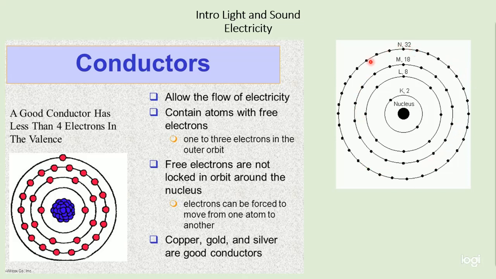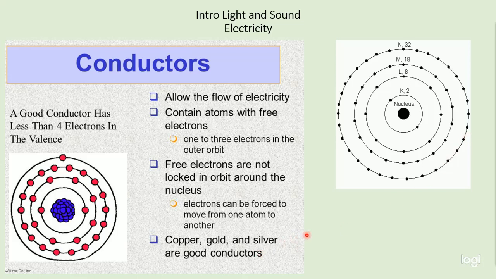So you can see this outer shell. If you imagine that there are only 4 or 3 or 2, those electrons out there are kind of lonely, and they're not really stable, and they're not glued to this nucleus very well. So these free electrons that are floating around allow the electricity to flow. And that's what a conductor is.